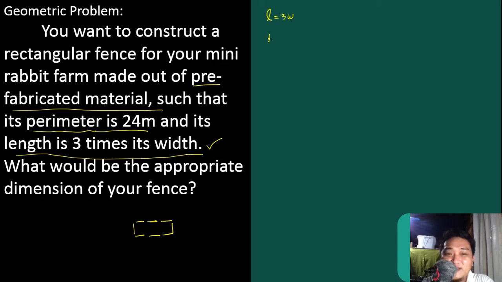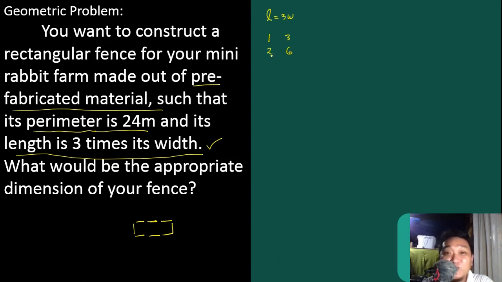Kung yung sukat nung width is 1, times 3, ang magiging sukat nung length is, syempre times lang natin sa 3. 1 times 3 is 3. Ayan. So, bale, ito yung magiging ordered pair natin mamaya. Ganun po. If that is 2 times 3, that would be 6. O, bakit ganun?